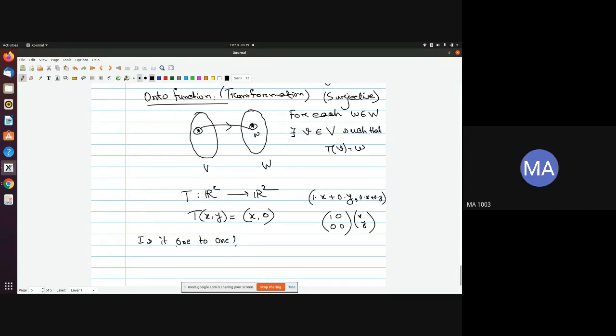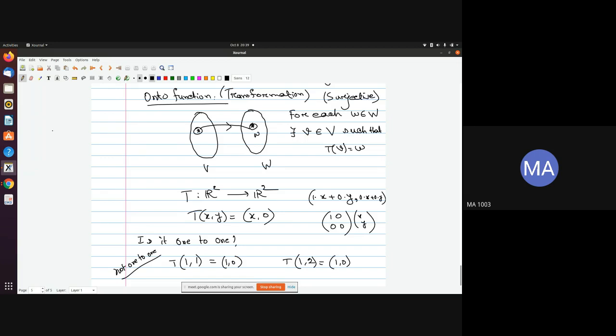If I fix just the x coordinate, I will get the same image, whatever y value I take. The image of (1, 1) is (1, 0). The image of (1, 2) is also (1, 0), right? So there are two elements which are going to the same image. So this is not one-to-one.